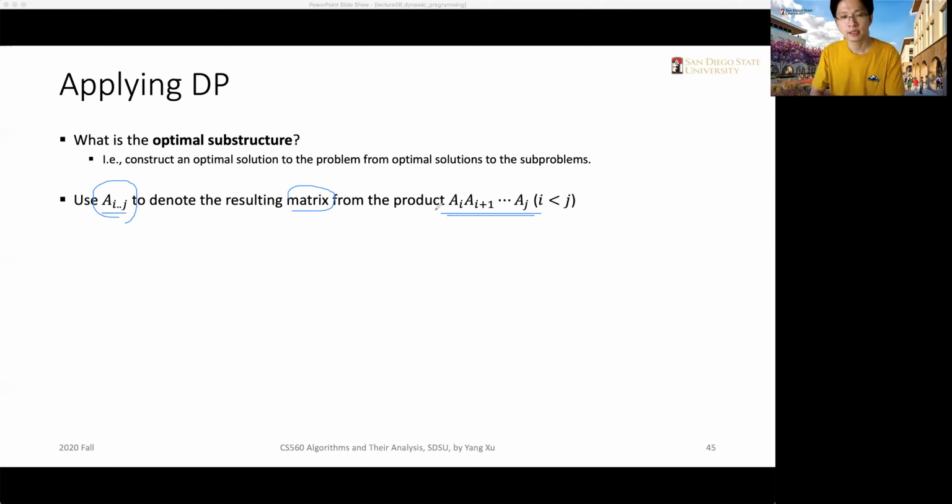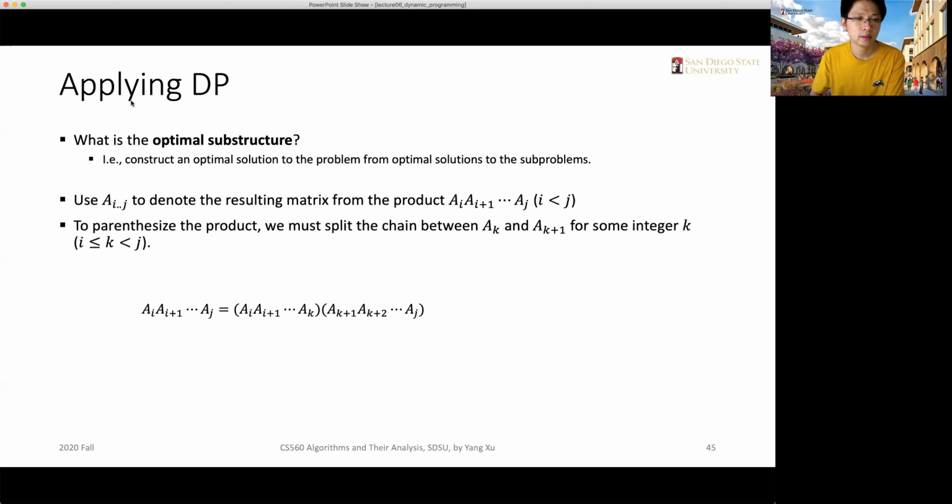We use this notation to denote the result of the products, and j is larger than i. In order to parenthesize the products, we must split the chain between Ak and Ak plus 1 for some integer k.